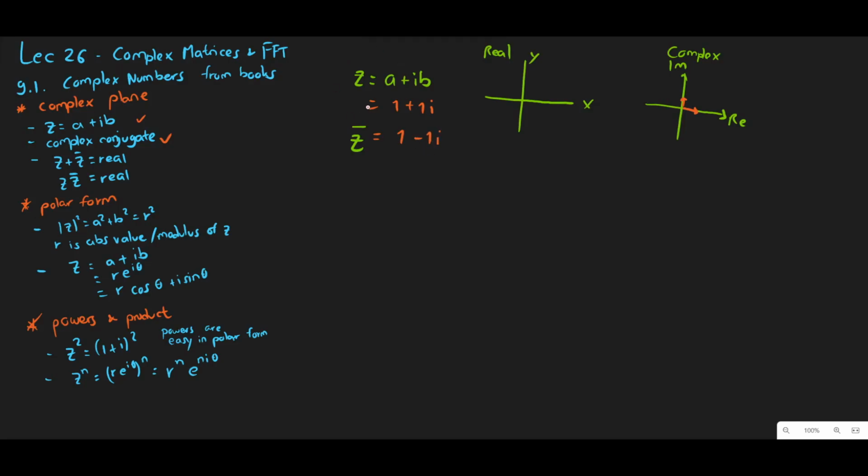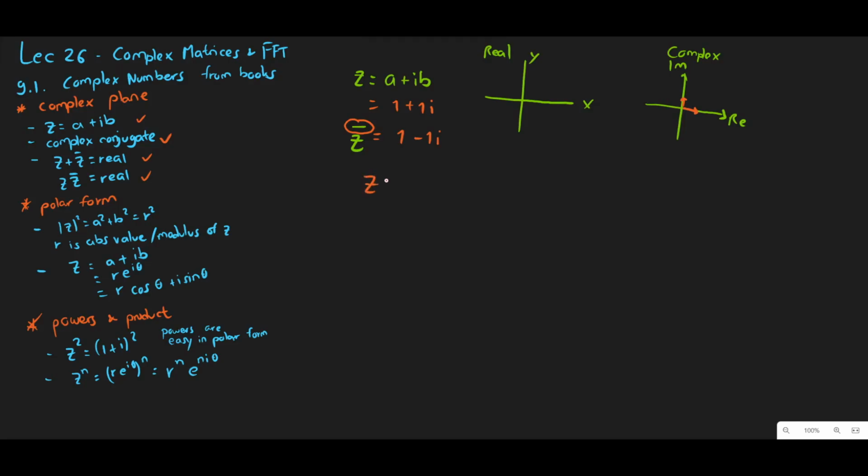Notice that I use this notation, the bar on top of z, to denote the conjugate of z. And there are two important facts here: if you add a complex number and its conjugate, it will be real, and if you multiply them, it will be real also. This is a useful fact.